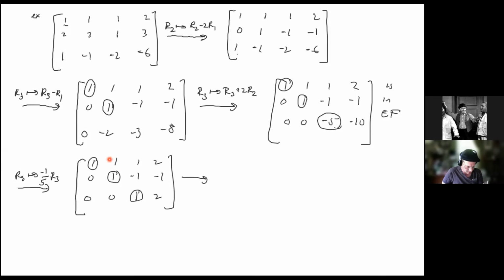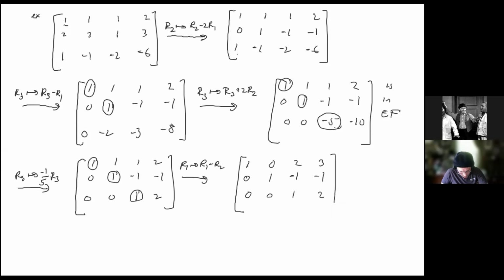So let's get rid of that 1. How do we do it? We can take row 1 and replace it by row 1 minus row 2. What does that give me? That gives me, I believe, 1, 0, 2, 3, 0, 1, minus 1, minus 1, 0, 0, 1, 2.